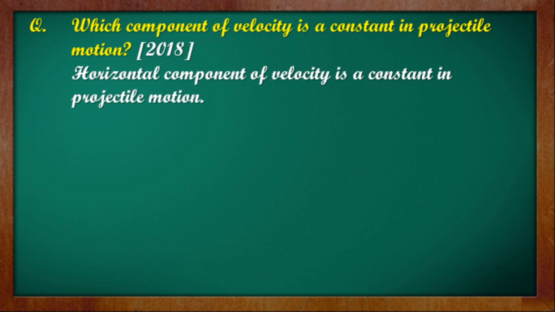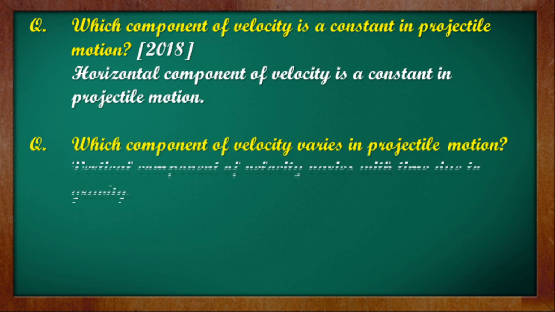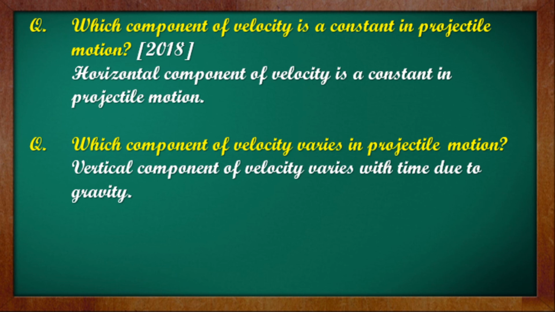Because there is no force, there is no acceleration along the horizontal. Which component of velocity varies in a projectile motion? The vertical component of velocity varies with time. Why does it vary? Because of the acceleration due to gravity, because of the gravitational force which acts along the vertical.